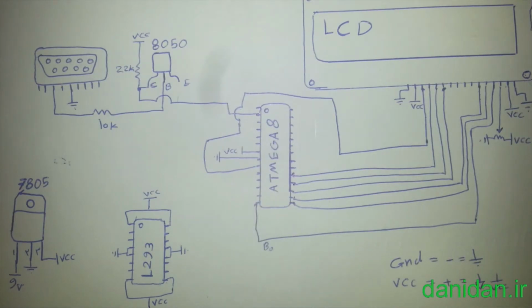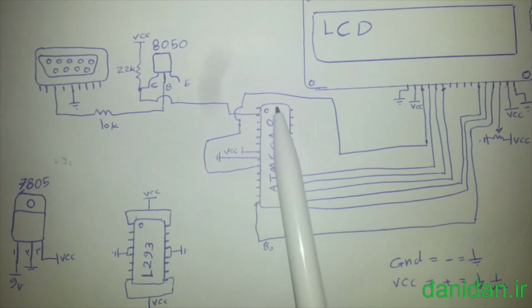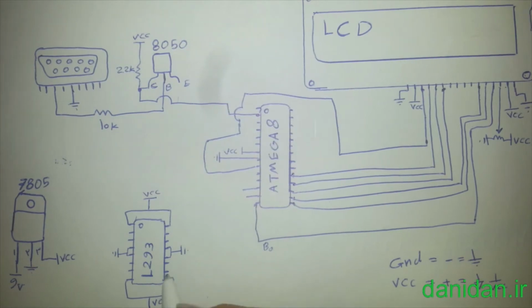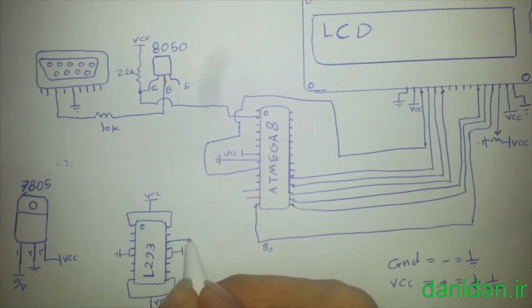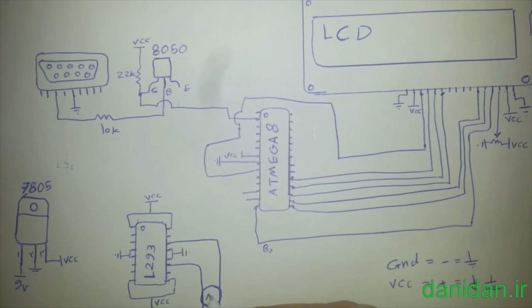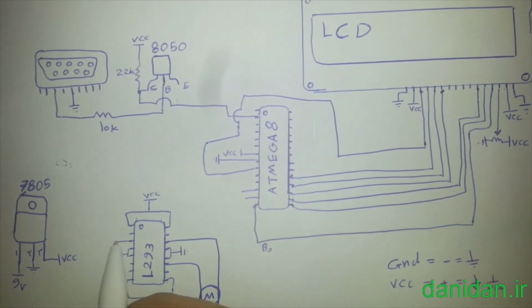All right, we're done with the LCD now, so it's time to connect our driver to the microcontroller. So how can we do this? Actually, the second pin, the seventh pin, 10th pin, and also the 15th pin should connect to the microcontroller. The other pins should connect to the motor, just like that.